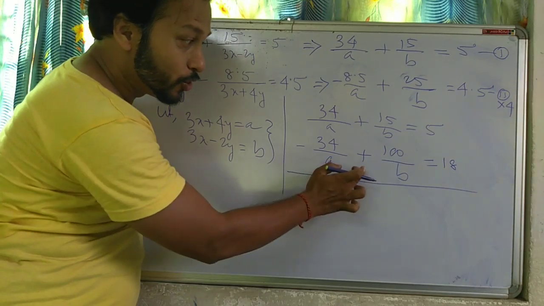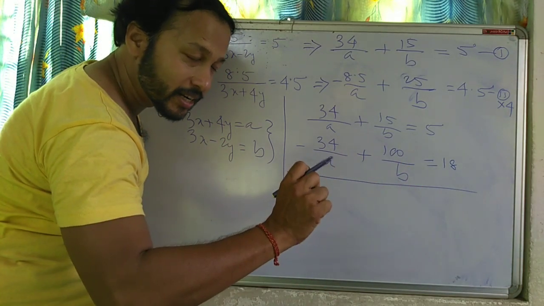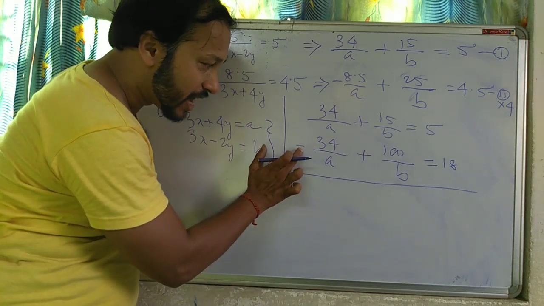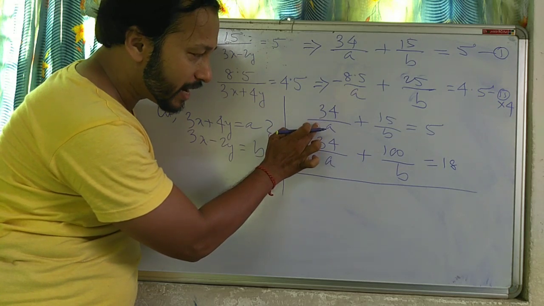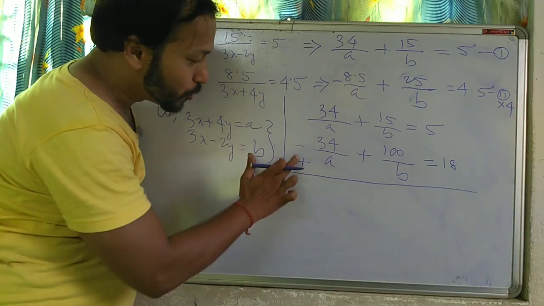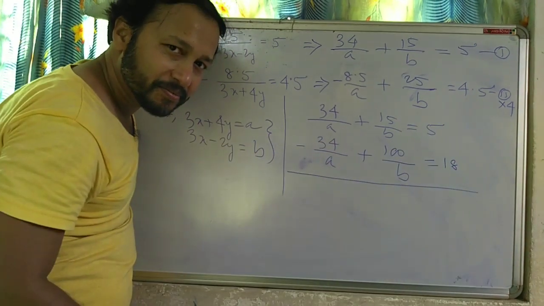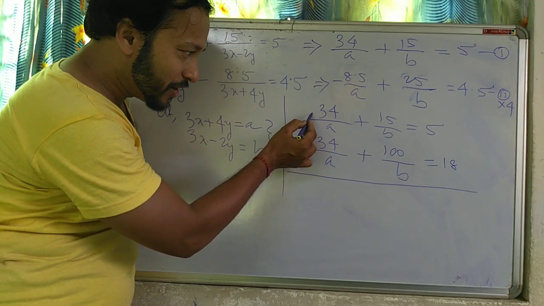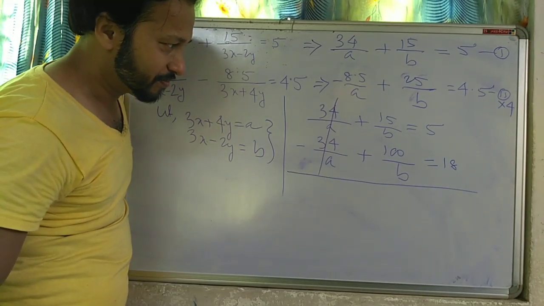Now here it is not required to change the sign. You know why? If you change this sign, this minus will get plus 34 by a, plus 34 by a, and we cannot cancel. So no need to change the sign. Keep the sign as it is. So 34 by a minus 34 by a is cancelled.